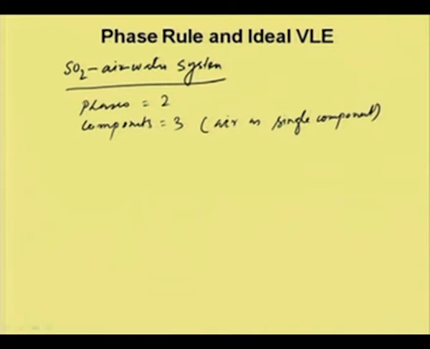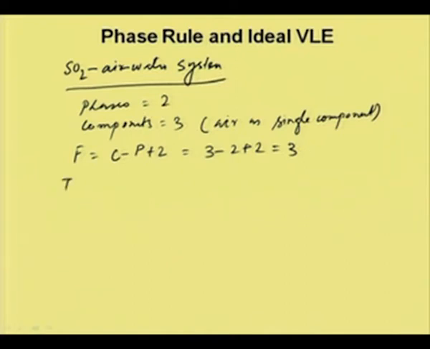Then we can write F is equal to C minus P plus 2, which is 3 minus 2 plus 2 is equal to 3. This means that it has 3 variants or 3 degrees of freedom.